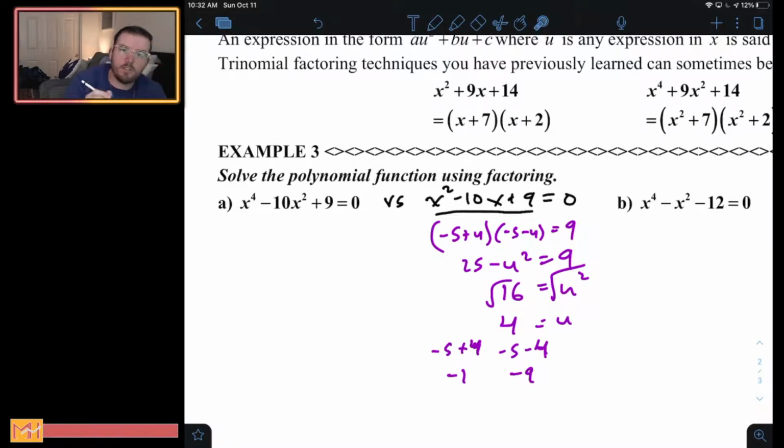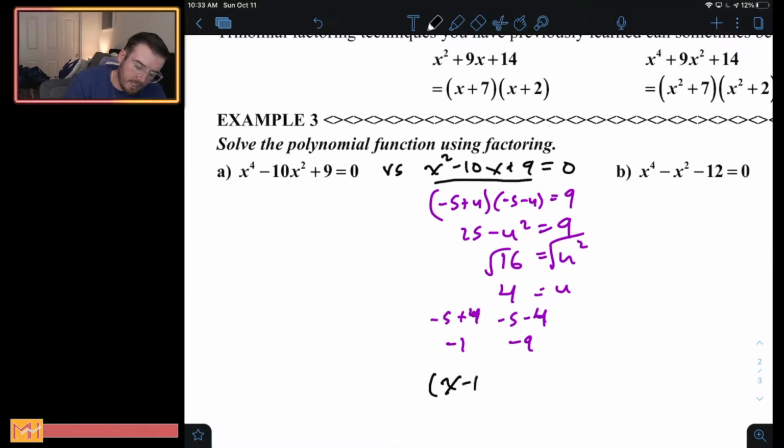Remember, we just need two numbers that multiply to 9 and add to negative 10. That's what these two numbers do. Negative 9 times negative 1 is positive 9, and negative 1 plus negative 9 is negative 10. So that means that this factors into x minus 1, x minus 9.